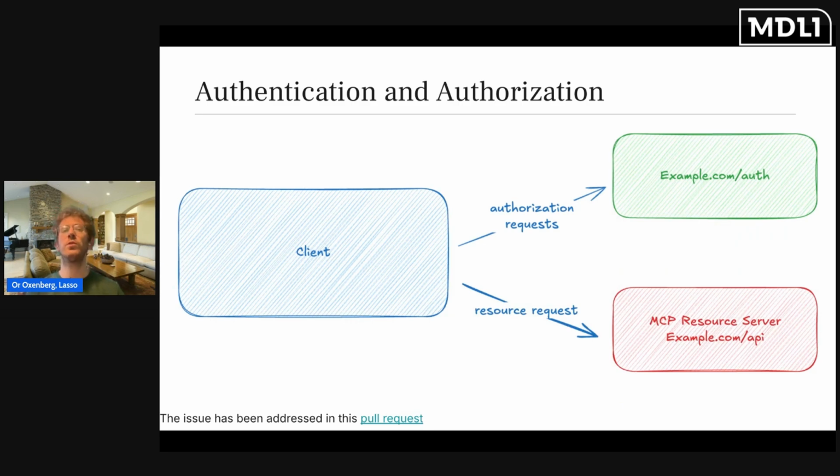Right now we want to separate these two kinds of calls. The authorization request will go to an auth server dedicated to this process, and the resource request will go to your real MCP server, so the experts handle the auth and we handle our server, the resources and the logic.